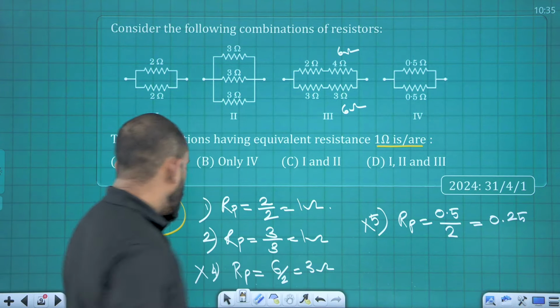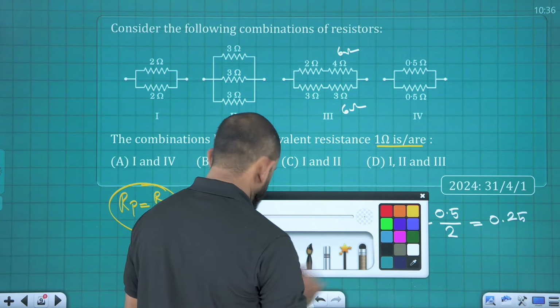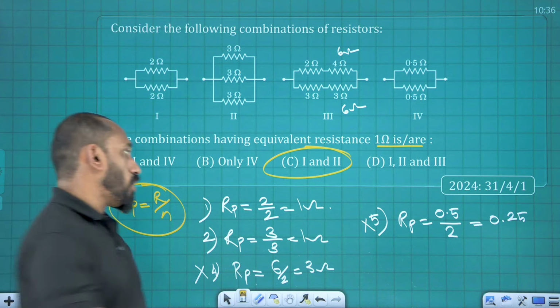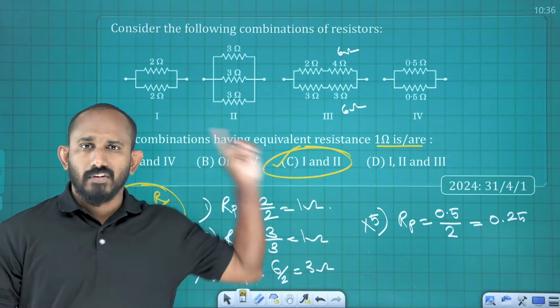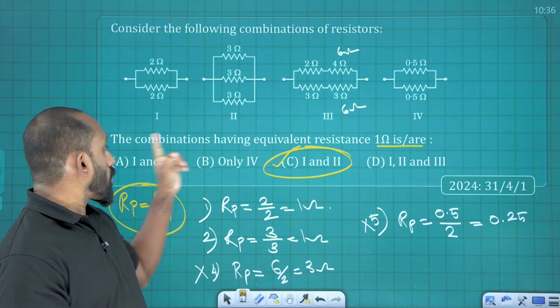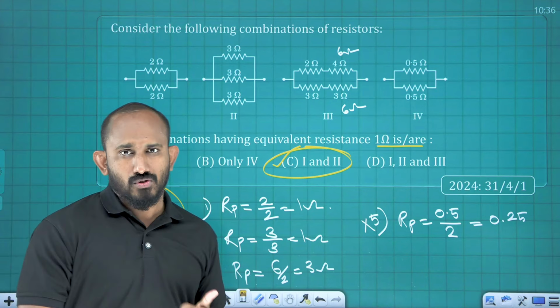So except 4 and 5, 1 and 2 have 1 ohm resistance. So option C is the correct option. Different networks are given which have the equivalent resistance of 1 ohm. That's the question. Let's go for the next question.